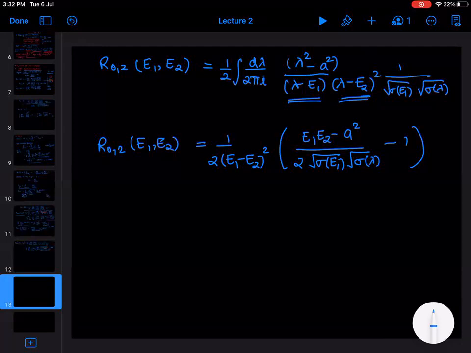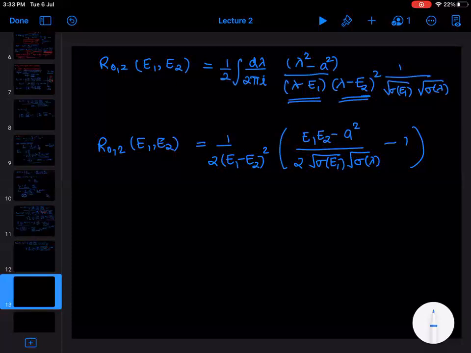Our definition of this R of multiple E's, just a string of R of E1, E2, and so on, seemed kind of symmetrical in E1, E2, but these formulas aren't. Which formula?